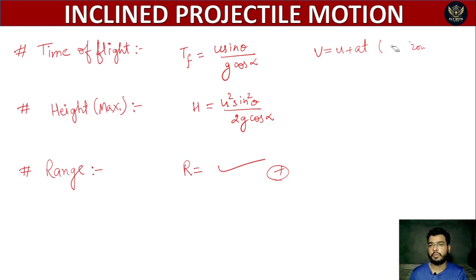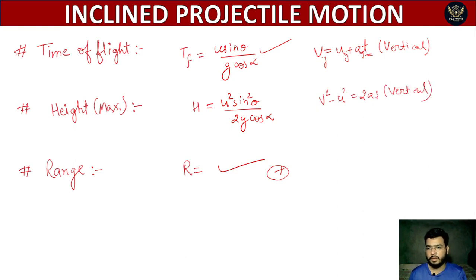In the vertical direction also, no change is there. You will get Tf here, with ay, uy, and vy. So this one we have done. Similarly, if you want to calculate the maximum height, you will use v square minus u square equals 2as in the vertical direction, same as before.